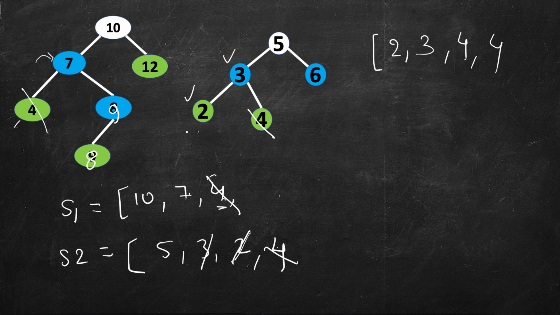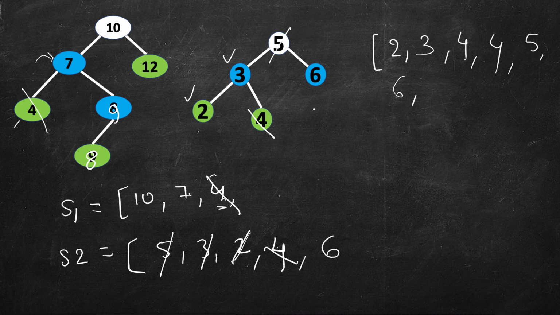Next comparison will be from 7 and 5. So we will pick 5. Then 5 is popped and we insert its right, that is 6. And here we compare 6 and 7.